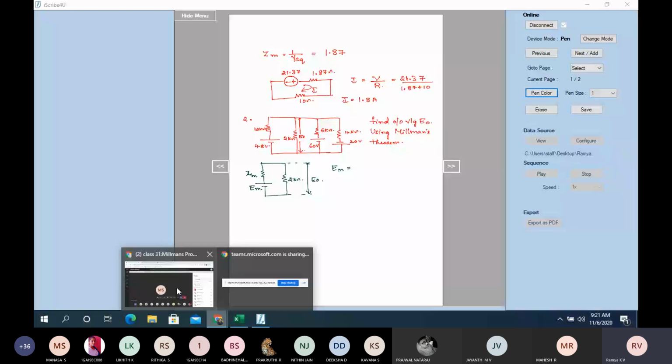Y1 is 1 by 12 kilo ohm, Y2 is 1 by 6 kilo ohm and Y3 is 1 by 4 kilo ohm. First we will find Y equivalent. It will be an easy step. What is Y equivalent? Y1 plus Y2 plus Y3.